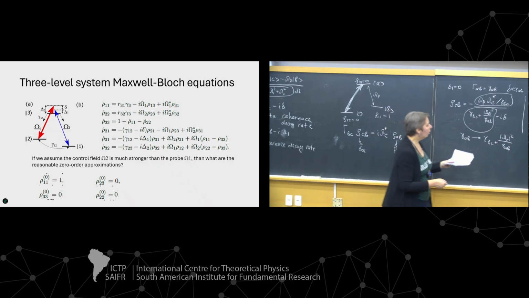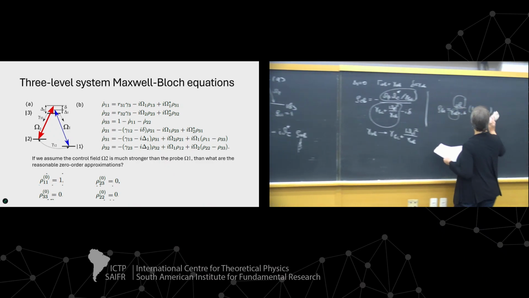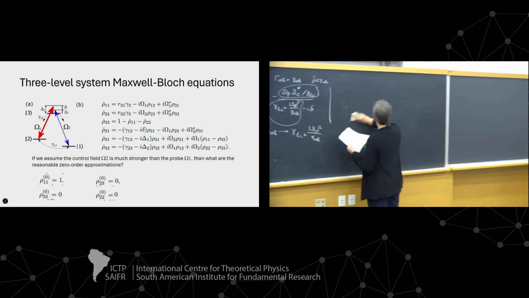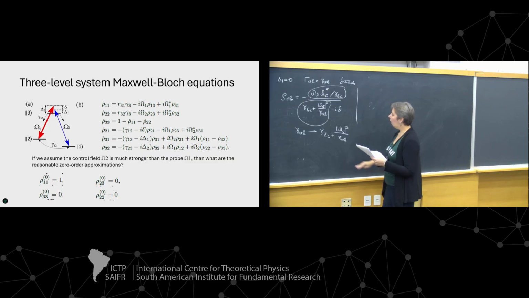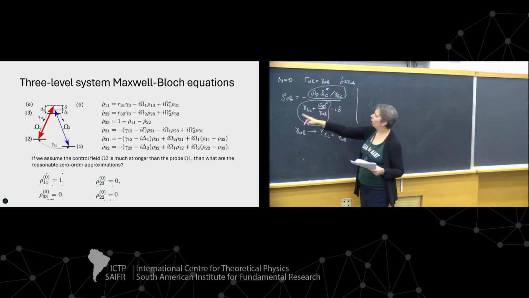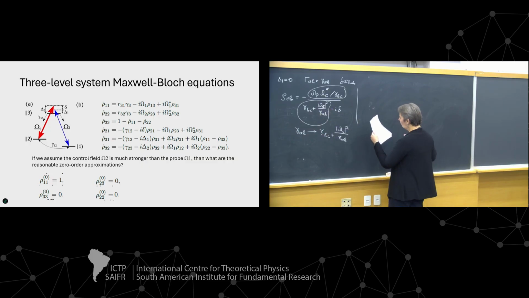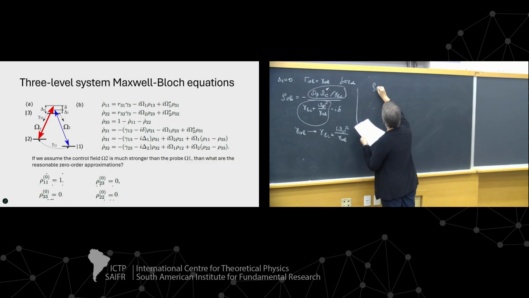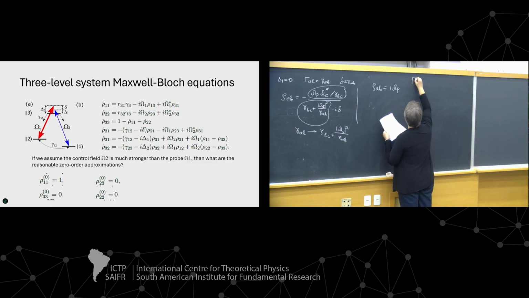Okay? Now, if we continue the calculations, I'm going to erase this. And we take this expression for gamma CB. We can calculate the optical coherence, rho AB, which will be i omega probe, gamma BC, divided by gamma BC, gamma AB, plus omega C squared.